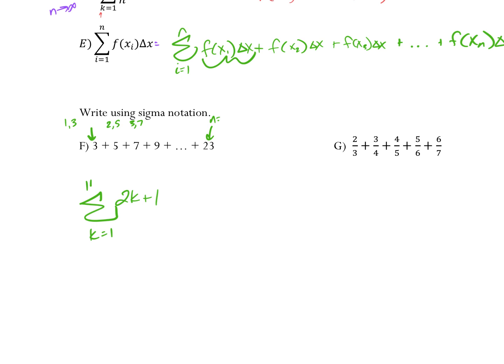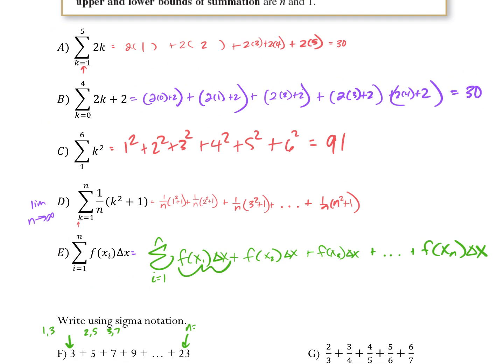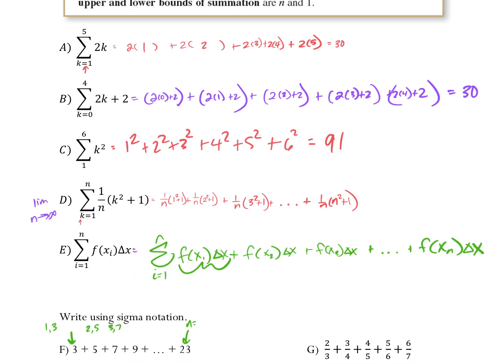K is what you're plugging in. N is whatever the last one is. N is the last one. So for the very last term, N and K are the same thing. So N is the top number, like the upper bound? N is the upper bound.